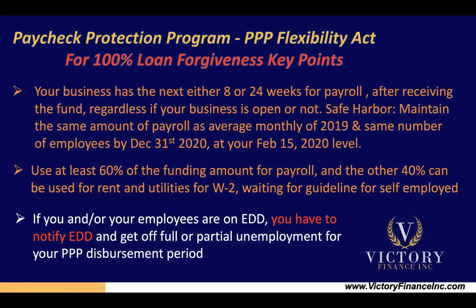But on the other hand, it's still pretty good because the $600 a week is mostly the major income for people. So that's definitely also a way to make the PPP work for your business and also for your employee.